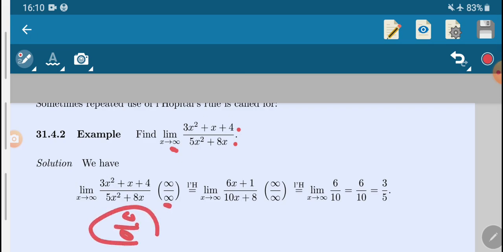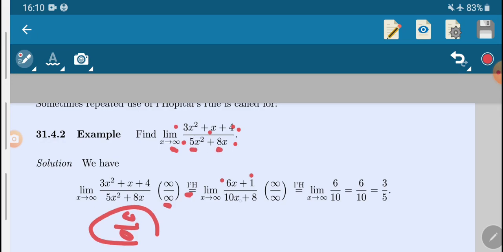Both mean we have an indeterminate form, so we have to use another way. Already we used one way before, but now we're going to use the L'Hopital rule to determine the limit. Let's start by determining the derivative of the first function. 3x squared becomes 6x. Here is 1 and 0.